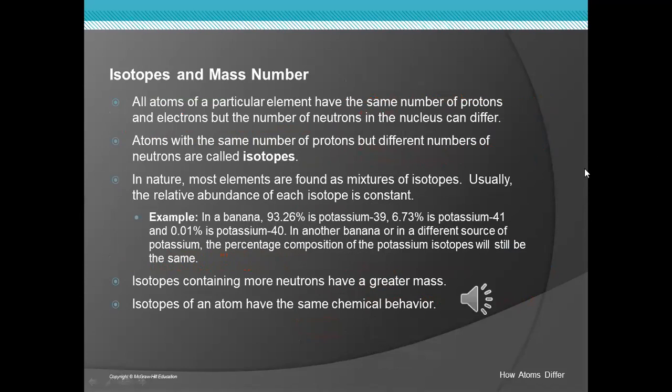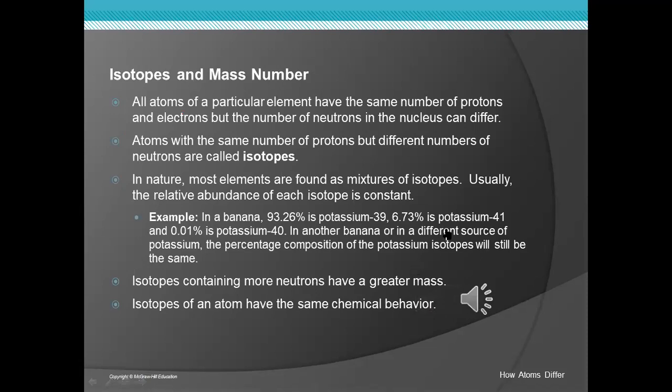After that, this is called isotopes and mass number. Isotopes and mass number. Listen, please. Usually, the relative abundance of each isotope is constant. Example, in a banana, 93.26% is potassium 39, 6.7 mass number.